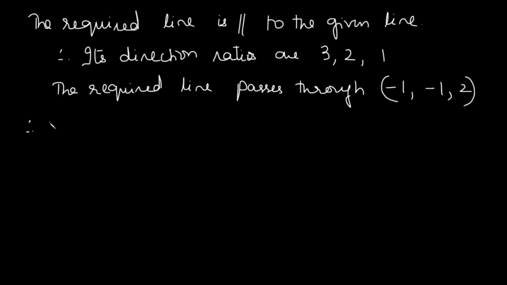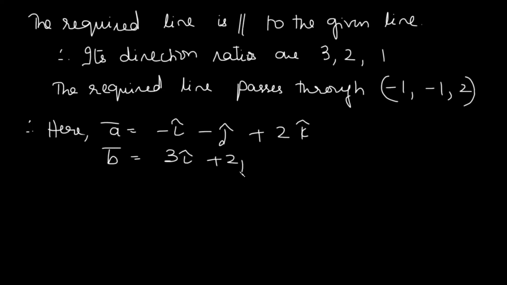So therefore, here we have A bar. A bar is a position vector of a point on the line. So A bar is given by these coordinates. Therefore, A bar is equal to -i minus j plus 2k. And similarly, B bar is a vector which is parallel to the line. B bar is given by the direction ratios of the line, which are 3, 2, 1. So B bar becomes 3i plus 2j plus k.